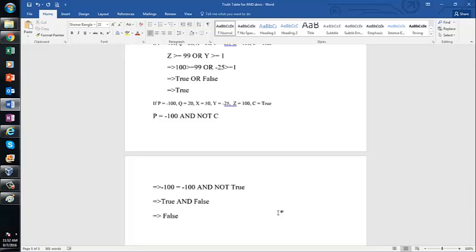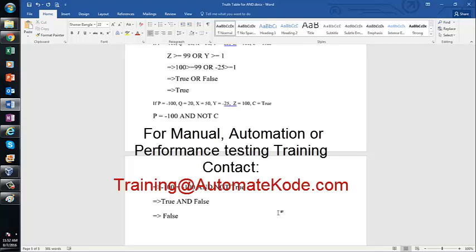Now how many of you got this one correct? I can still see many of you got it correct. Do you have a question? No question, right?